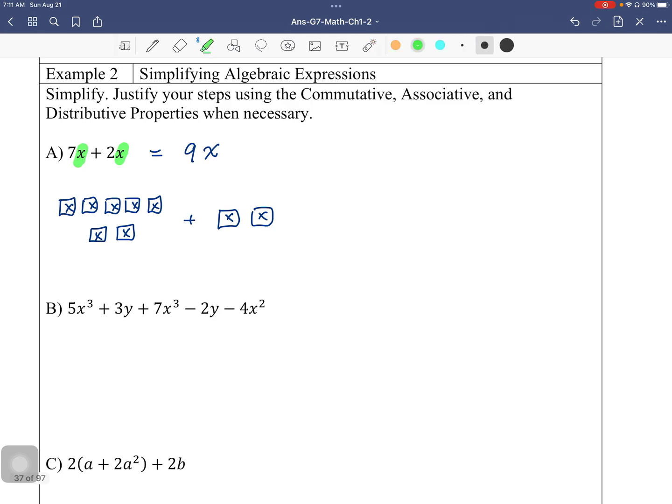Okay, and then I have x cubed and x cubed, so these are like terms. And I have y and y, and these are like terms.